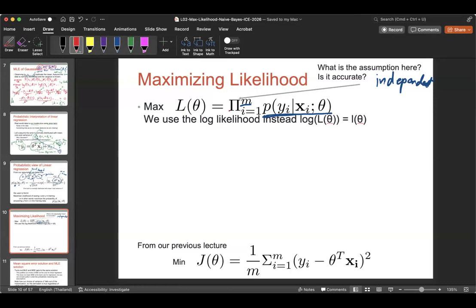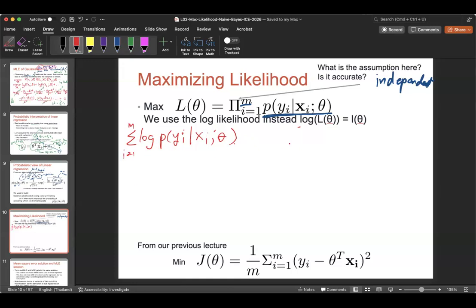And since we're taking the argmax, we can do the same trick of putting in the log. So we're going to maximize the sum of the log of p(y_i given x_i) with some parameter theta.